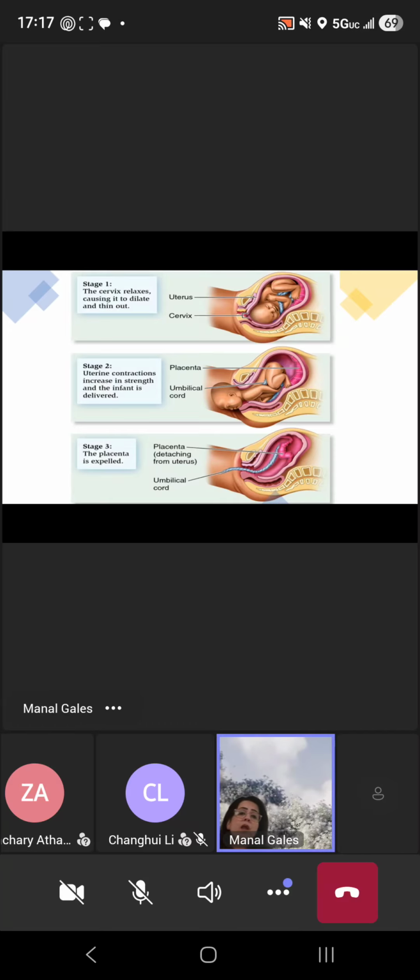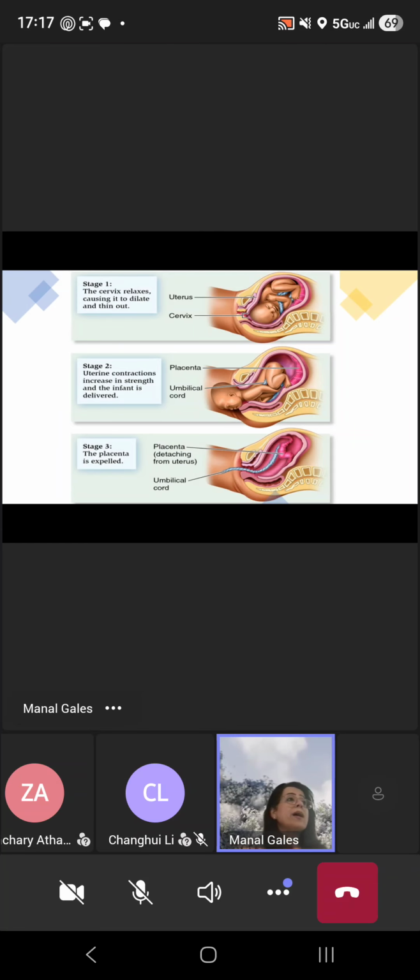First stage, what is happening? Cervical dilation. Write that down, guys. Simply, one word. What is happening in stage 1? Cervical dilation, and the effacement.